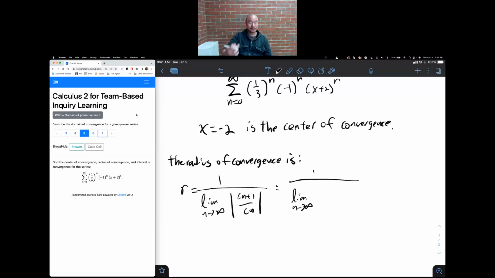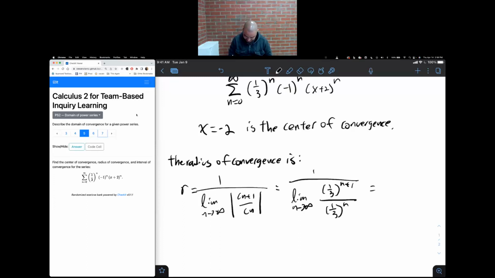We have an alternating factor here, but since we're taking absolute values, we drop that. So we have (1/3)^(n+1) over (1/3)^n.